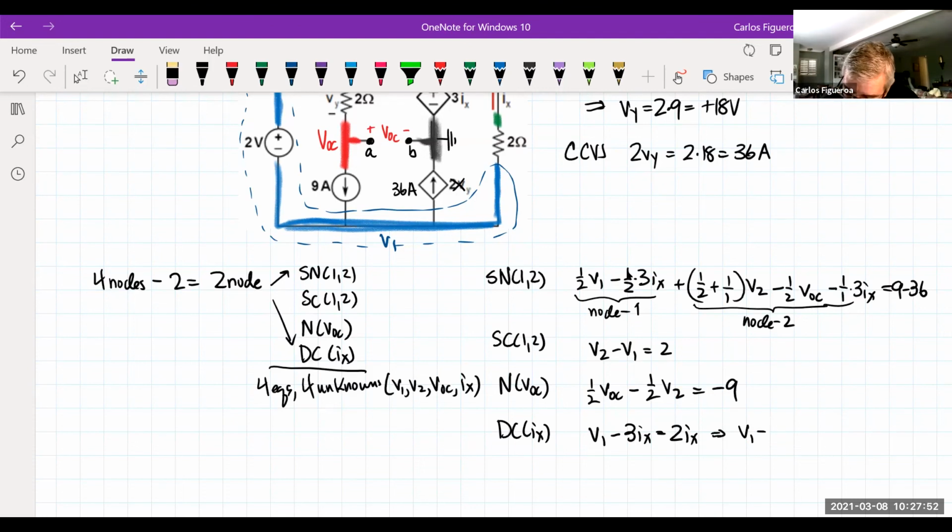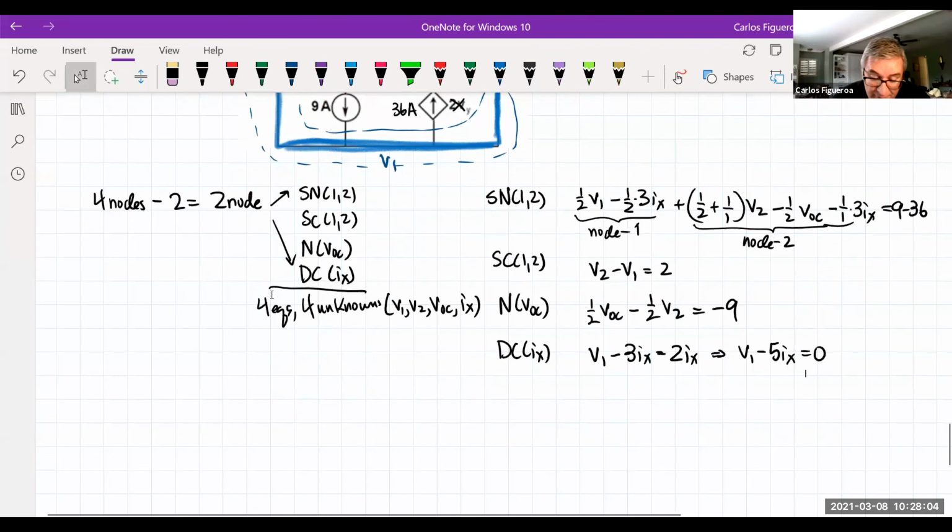Nope, my bad. It's going to be 5IX equals 0. So now I have my matrix. Okay, so if I put it into matrix form, that means I'm going to set up V1, V2, VOC, IX, and then of course my constants.